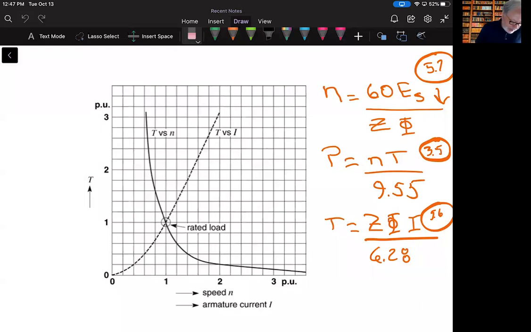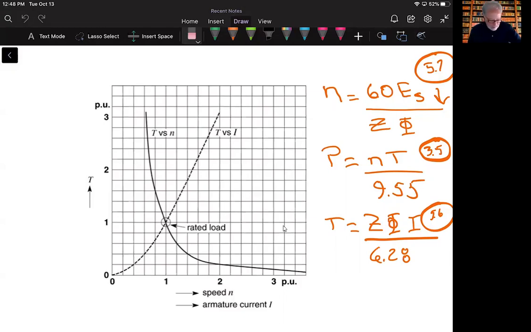So this problem says that we have a 15 horsepower, 240 volt, 1780 RPM DC series motor, and it has a full load rated current, or sometimes abbreviated as FLA, full load current, of 54 amps. Its operating characteristics are given by the per unit curves of figure 5-11. These per unit curves represent all DC series motors.